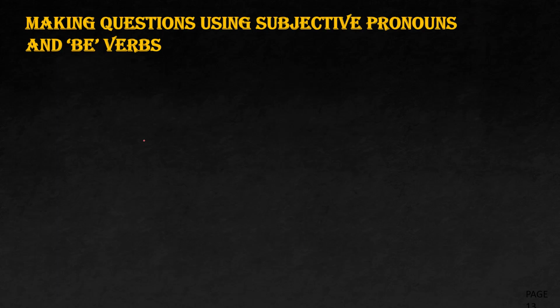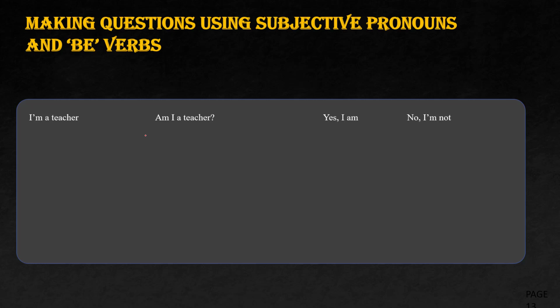Now here we'll try to make questions using subjective pronouns and be verbs. For example, we have I'm a teacher. If you would like to make a question for this by using be verb, for I we have am, so we just need to take am first and write: am I a teacher?